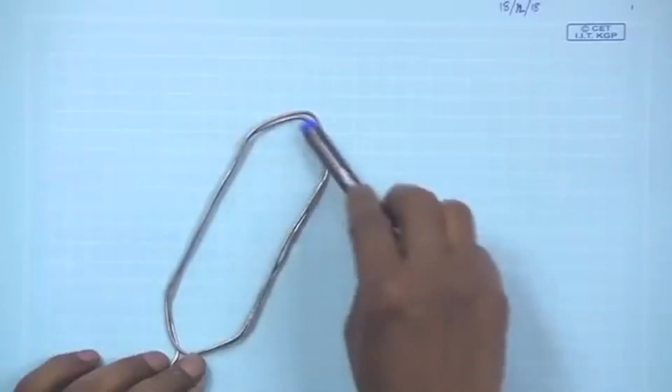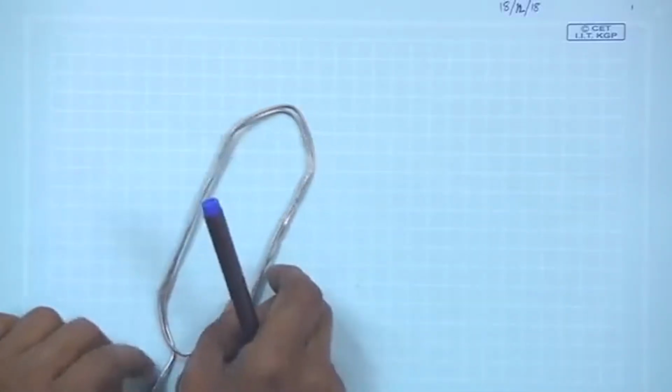So, ultimately the basic building block is a coil side. Then from that we went further ahead and said that the basic building block will be a single coil. A single coil, if you recall, has two coil sides, and they will be placed in slots.